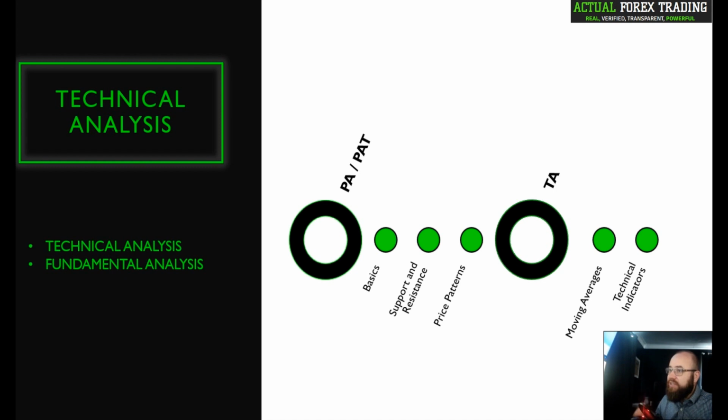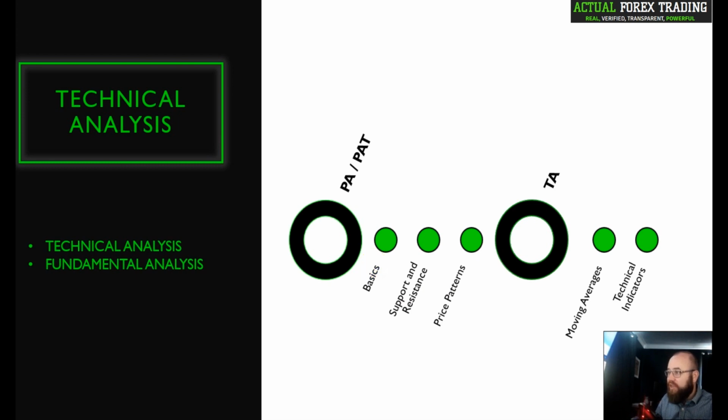So technical analysis covers price action, PAT, price action trading. In this series, I'm going to cover these three green points. Number one, the basics. I'm going to go through all the basics of price action. Support and resistance, which is part of price action, and price patterns. The basics include things like Japanese candlesticks.